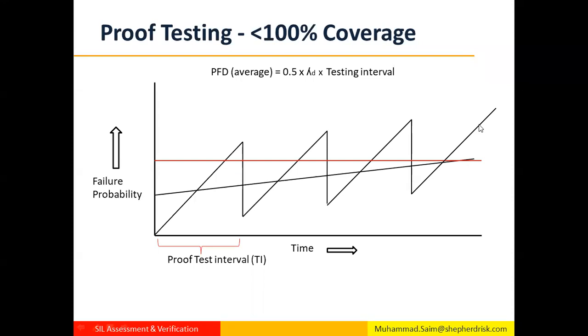At this point in time, we need to stop and overhaul or replace the hardware. And this time interval is called the mission time. By overhauling or replacing the hardware, we restore the PFD to its 0 or its origin. And so we start our PFD cycle again from 0.